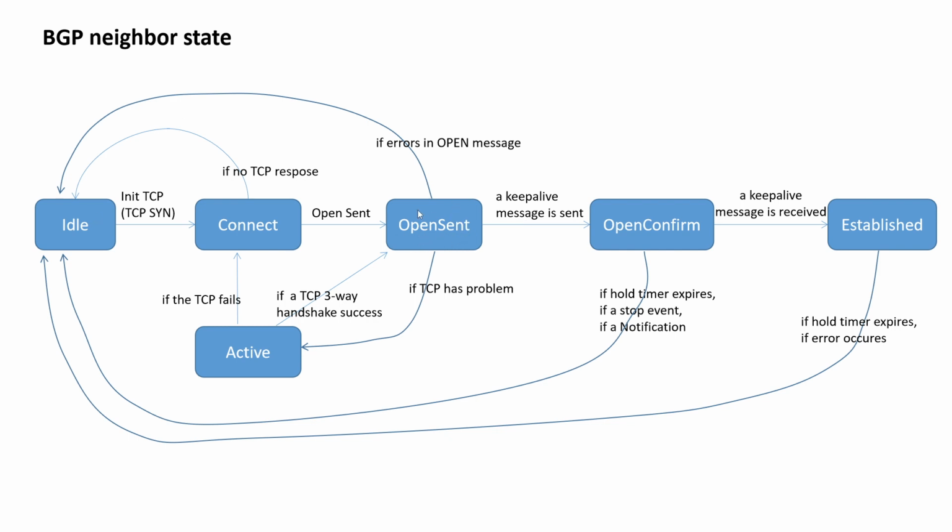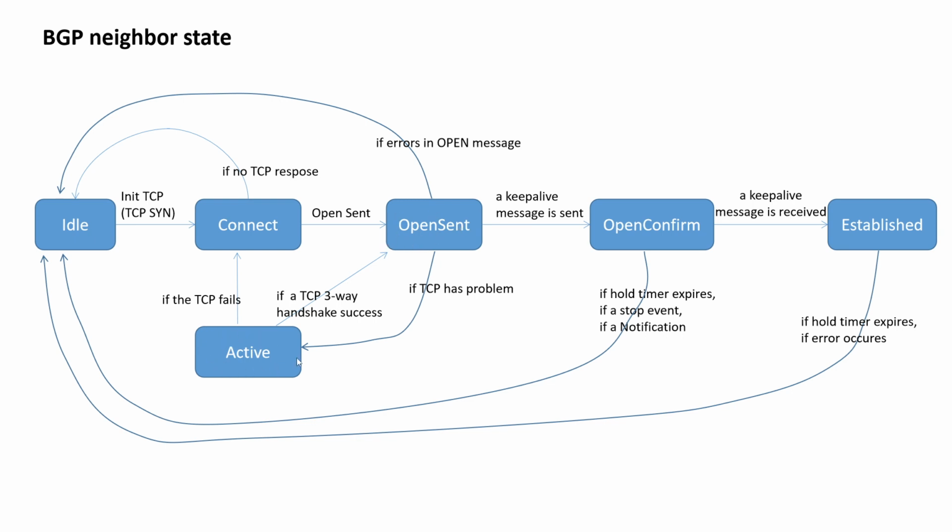If in the open sent state there are TCP issues, then the router goes to the new state called active. In the active state, the router will retry the TCP connection to the peer. If the TCP three-way handshake succeeds, the router moves forward to the open sent state.